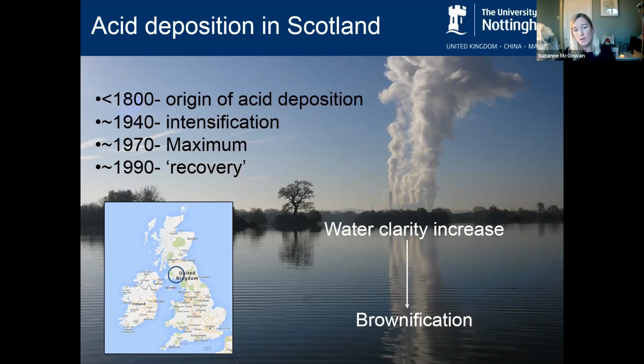And then what we've been seeing in the last few decades is likely to be a recovery response to acid deposition, when we've seen this brownification of lakes as acid pressures reduce. This lends itself really well to pigments because of this change in the colour of the water, which is really nicely detectable.